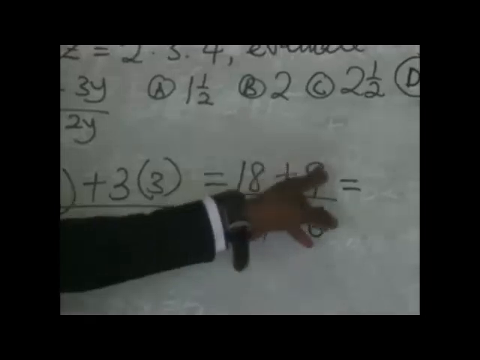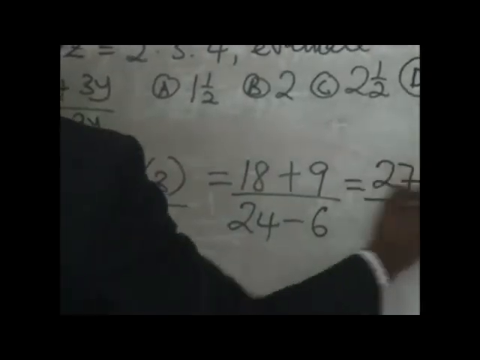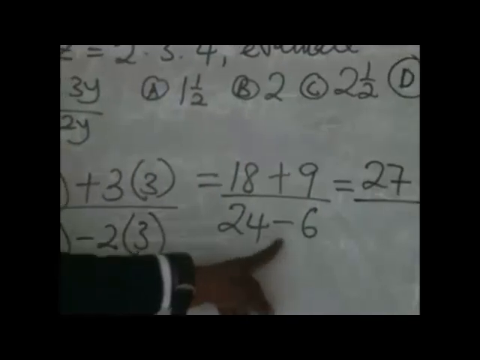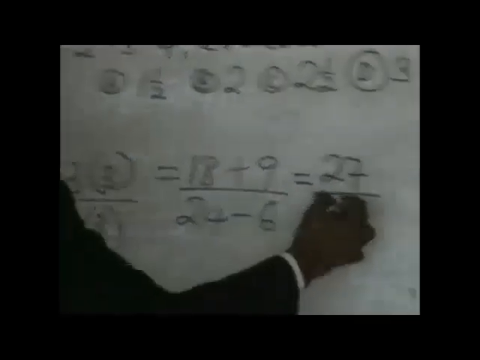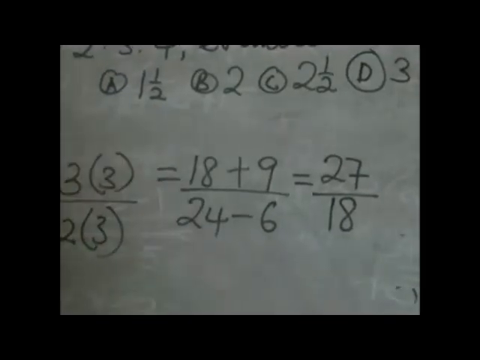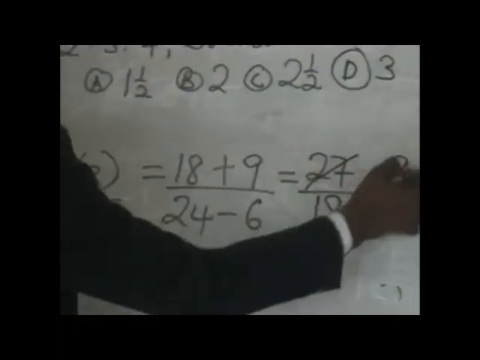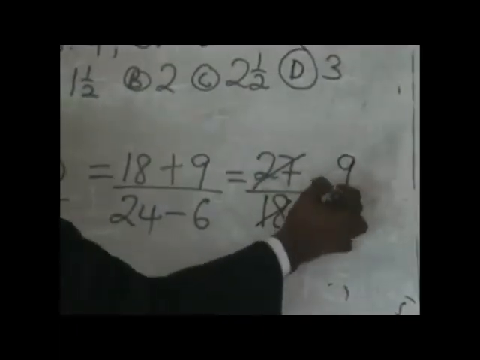Now 18 plus 9 gives you 27, over 24 minus 6, which gives you 18. You can reduce this fraction by using 3. 3 into 27 gives you 9, and 3 into 18 gives you 6. So 9 over 6 is our value.